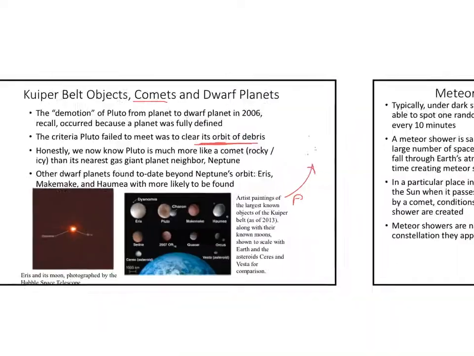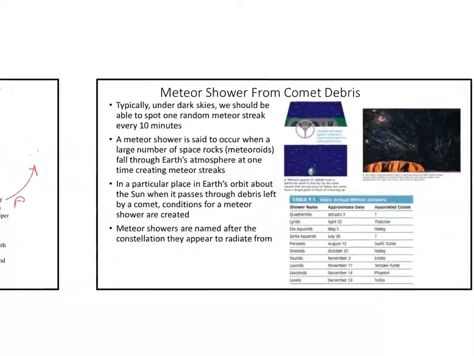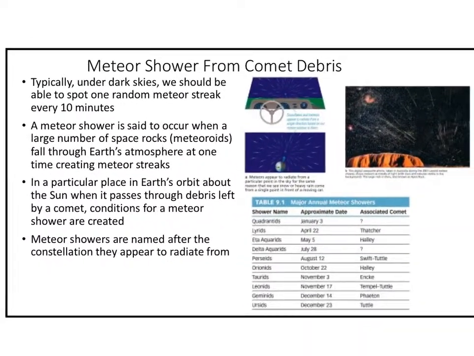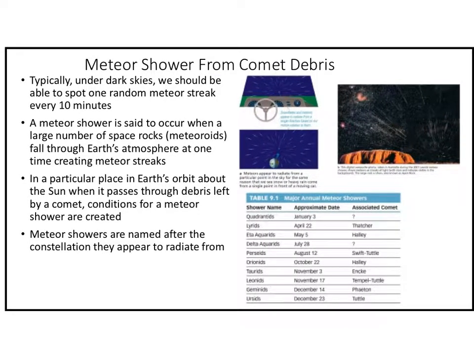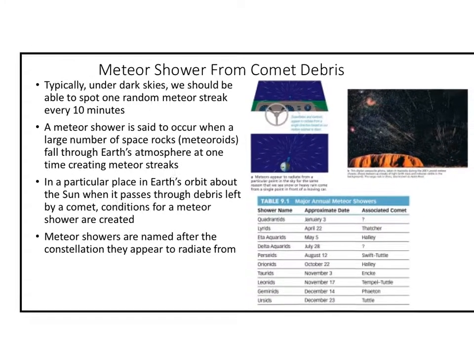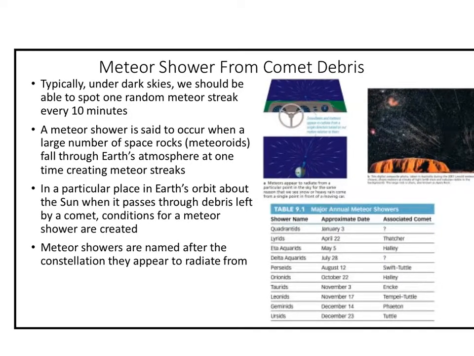Meteor shower then. A meteor shower we couldn't really talk about until we finished talking about comets. Every time a comet gets close to the sun, it starts to fizz, and as it fizzes, it leaves some of its material behind. So what happens in a meteor shower is the Earth passes into some comet poop, comet guts, that was left behind in that trail where the comet orbits the sun.